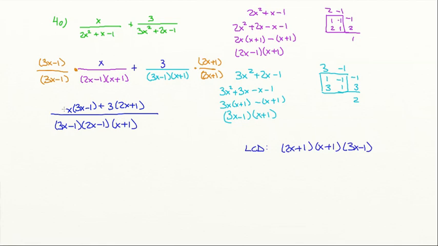Let's multiply out our numerator. So 3x squared minus x plus 6x plus 3. I am leaving the denominator in factored form. I'm hoping that perhaps I can factor the numerator and things will reduce or cancel out.